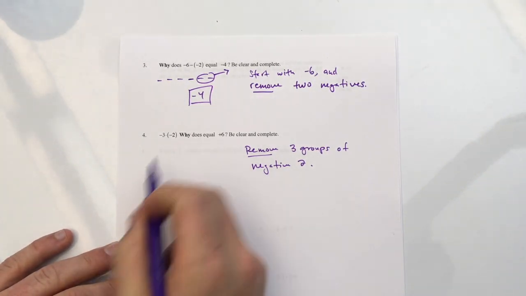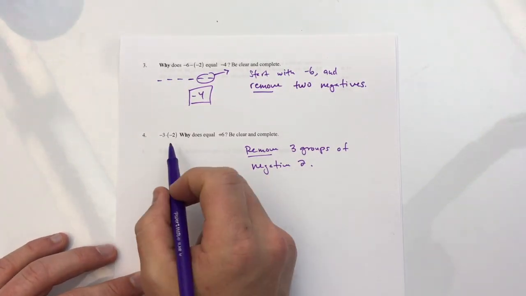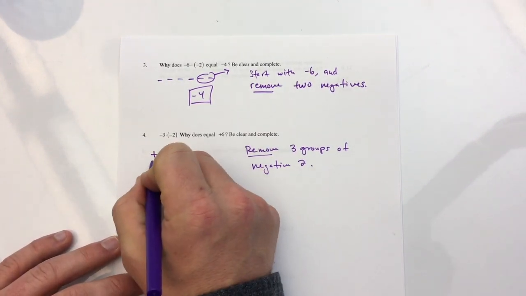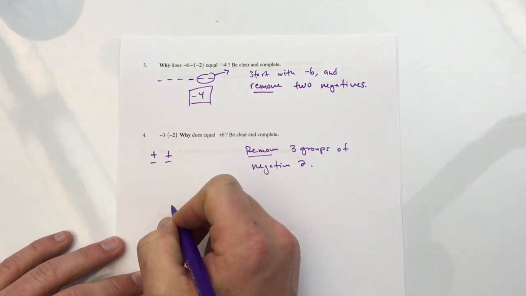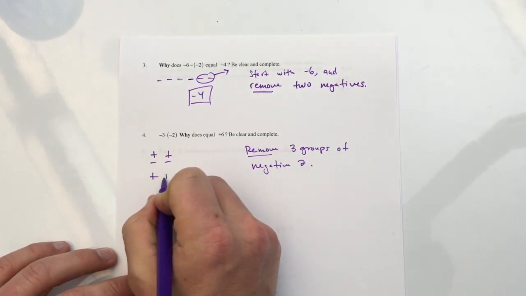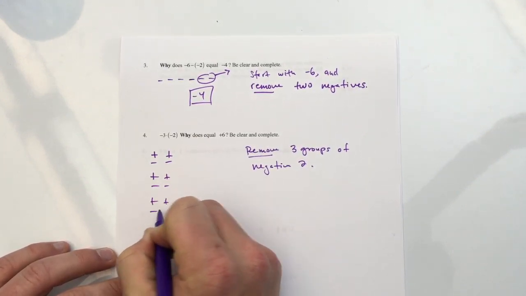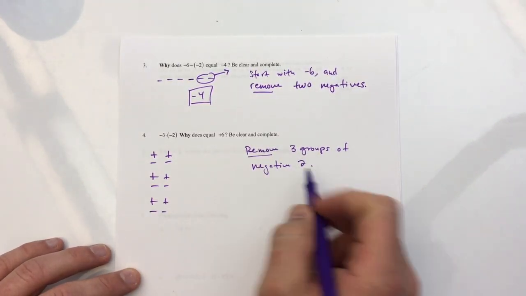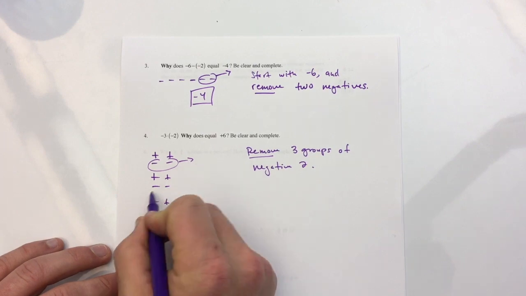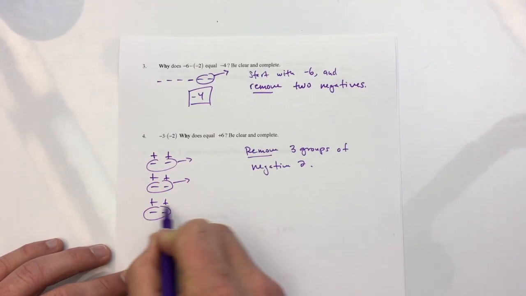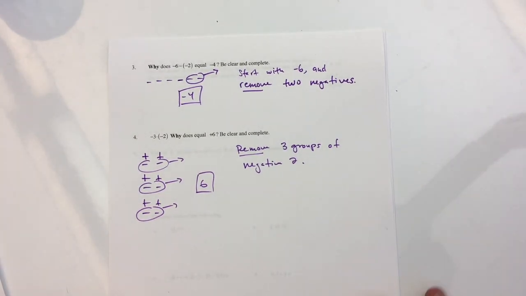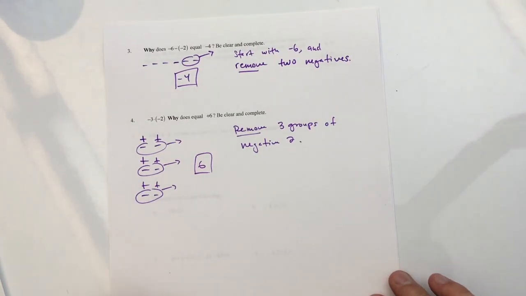Well, I can't start with anything, so I need to start with 3 groups of 2 zero pairs. That's 1 group of 2, 2 groups of 2, 3 groups of 2 zero pairs. I'm going to remove 3 groups of -2. That's 1 group gone, 2 groups gone, 3 groups gone, and my answer is +6. There you go.